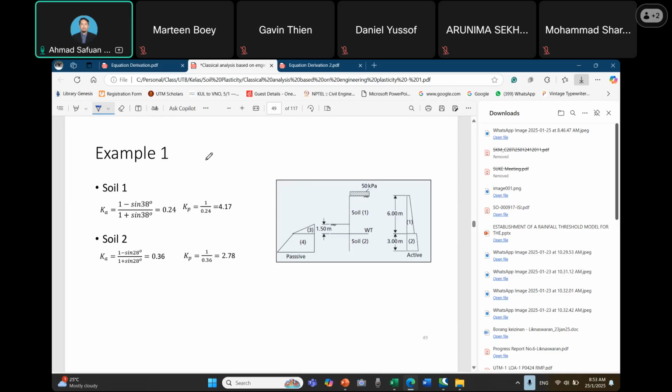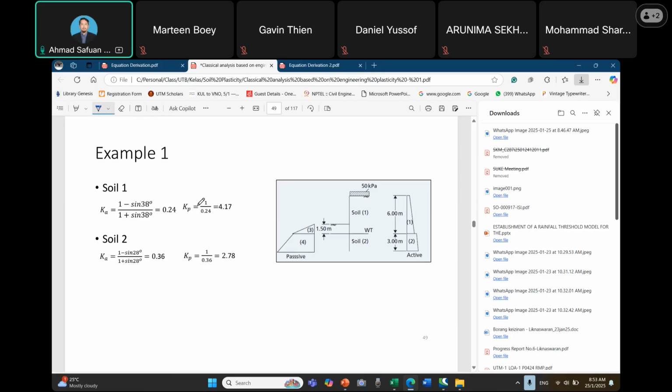or 0.237. So that is for the KA. While for the KP, if we don't want to use the equation, actually the KP is equal to 1 over KA.